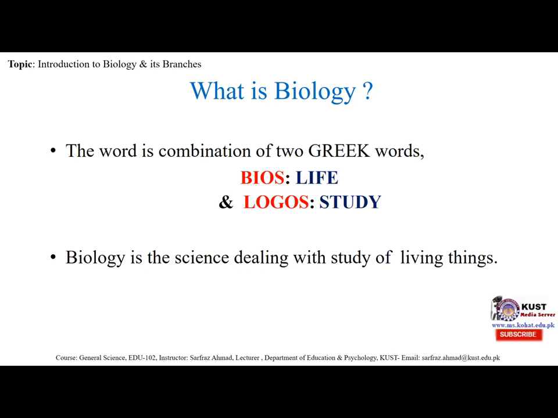In simple words, the word biology is derived from the Greek words, as we have discussed, and is defined as the science of life and living organisms. An organism is a living entity consisting of one cell, for example bacteria, or several cells, for example animals, plants, and fungi.